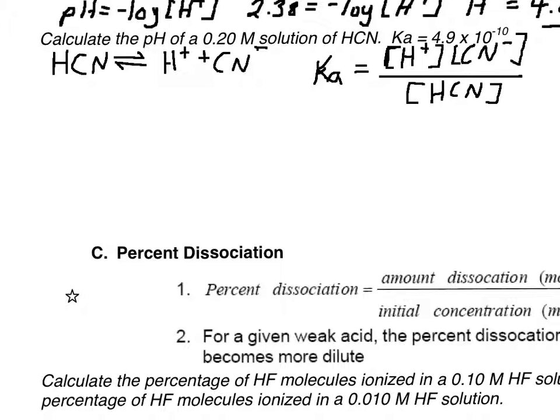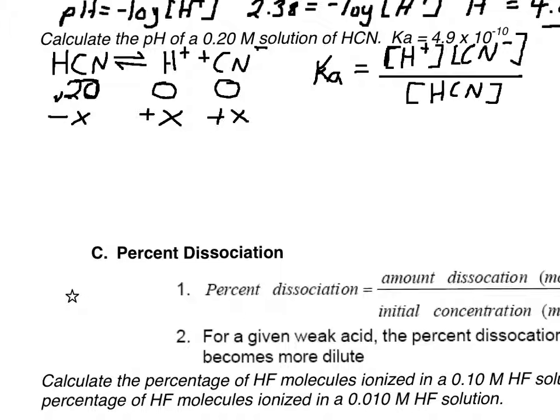But it does give me the initial value of the HCN. It's 0.2 molar, and it gives me the value of Ka. So what that means is I can do something like this. I know this is 0.2 molar, this is 0, this is 0. This is going to go down by x, this will go up by the same, and this will go up by the same.